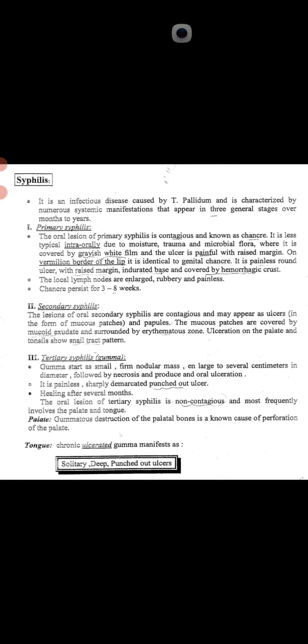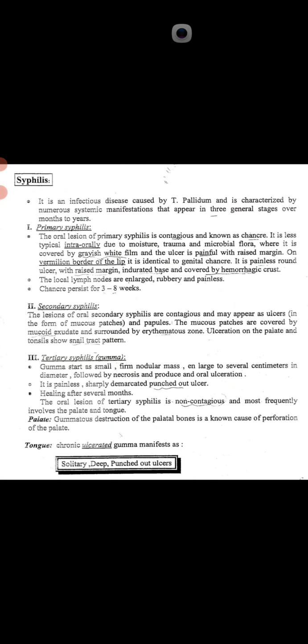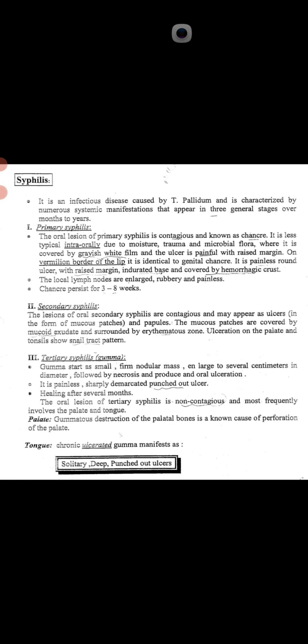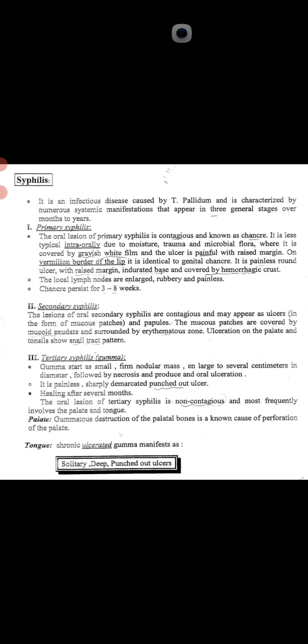It is less typical intraorally due to moisture, trauma and microbial flora, where it is covered by a grayish white film. The ulcer is painful with a raised margin on the vermilion border of the lip.